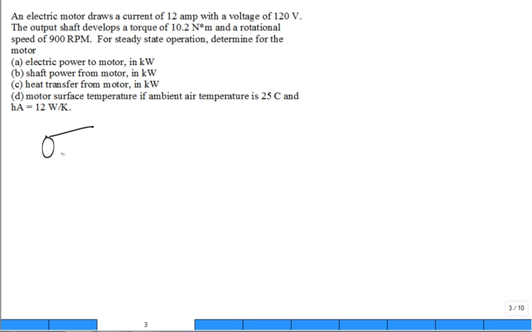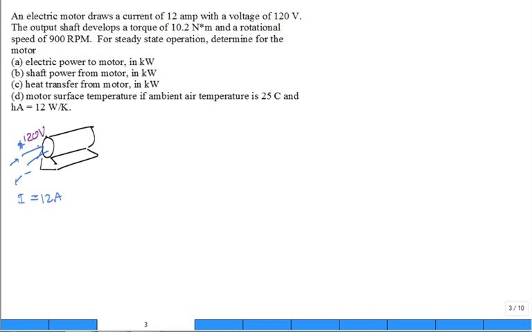So make a little sketch. Here's our electric motor. Maybe it's sitting on a stand. And the inputs on one side are the positive and negative wires that bring in and return out a current of 12 amps. And the voltage across those wires is 120 volts.